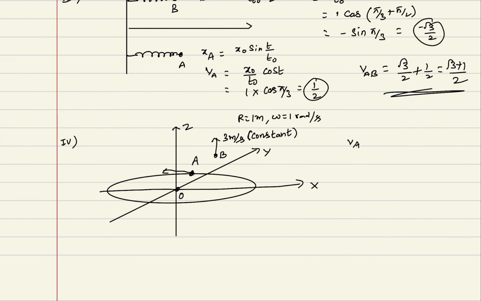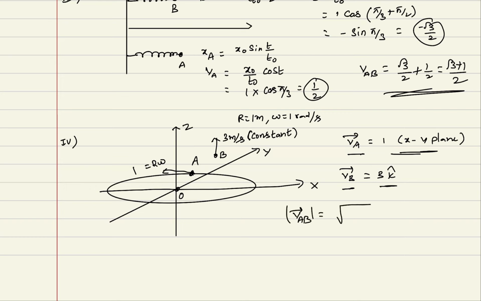Now you can see the velocity of A is r omega. The r omega value is 1 only. So for the VA vector, the particle velocity is in the xy plane. The velocity of B is 3 k cap. So these VA and VB vectors are perpendicular to each other.